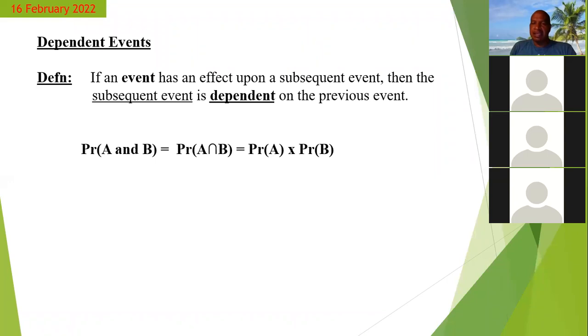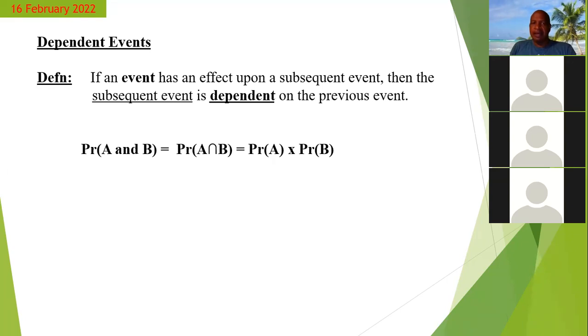Now, in this case, where we have dependent events, this is saying to us that what happened in the first event will affect the outcome of any event that follows, or what we would refer to as subsequent events.